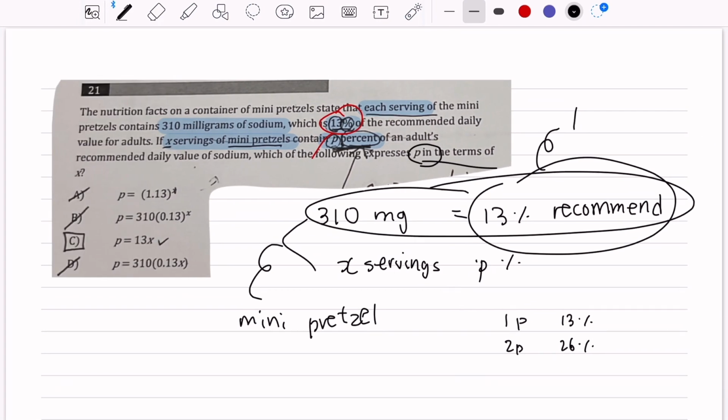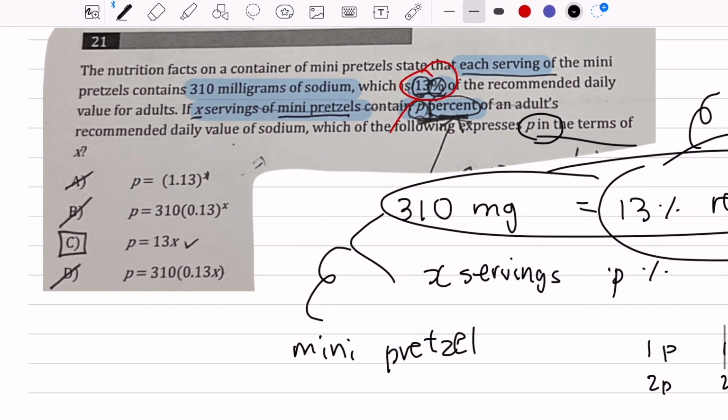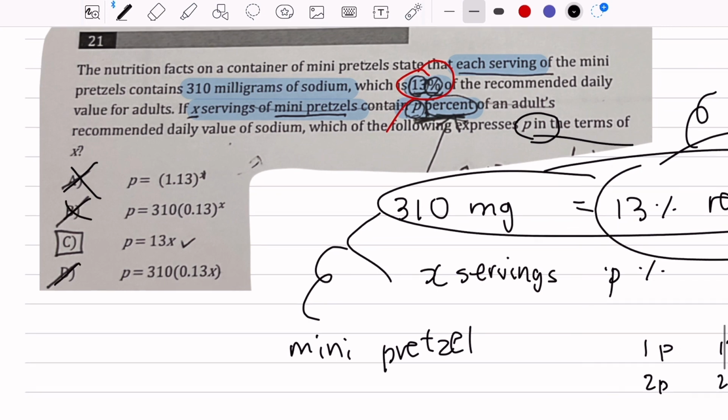By knowing this, you can eliminate the answers. When you put 1, does A become 13? No. Does B become 13? No. Does D become 13? No. But C, yes, when X is 1, it becomes 13. When X is 2, it becomes 26, like that.